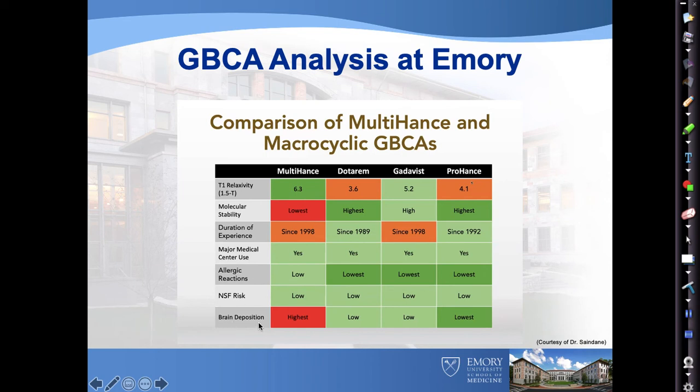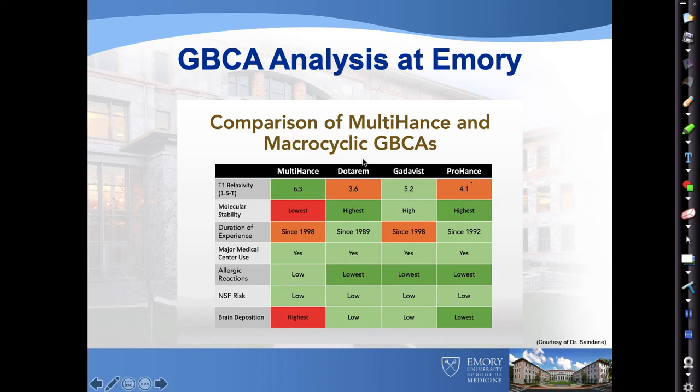And it's also been related to having higher brain deposition. So Emory has made the conscious effort to go with a more stable agent that has been associated with low NSF, low brain gadolinium deposition, lower allergic reactions, but unfortunately its T1 relaxivity is not as high.